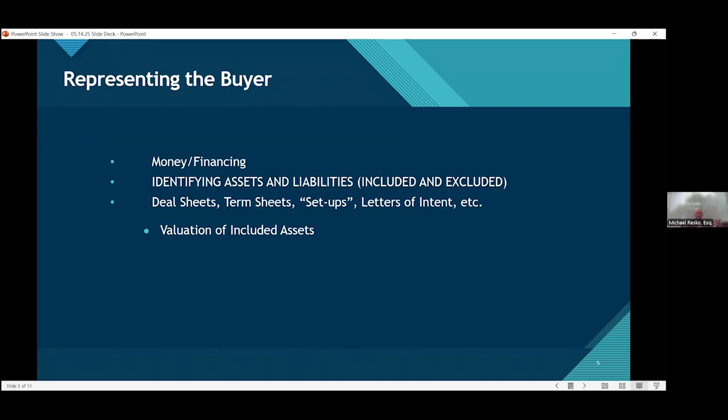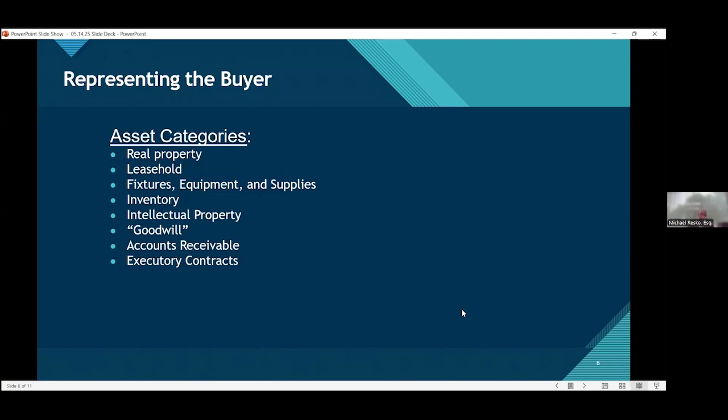So figuring out how you are going to allocate the purchase price between the included assets is important and has a direct financial impact on the buyer. But it should be defendable. Like anything else, if you are putting something on a tax reporting form, it shouldn't be crazy. And if required to, you should be able to defend those valuations if need be, right? So what kinds of assets are we typically talking about?